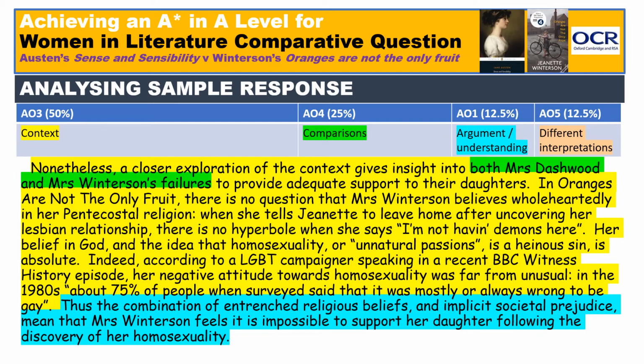It runs counter to her fixed, devout Christian beliefs, which are central to her mode of existence. I also reference the context of the time and point out that in the 1980s, a great deal of hostility towards gay people still existed, shedding further insight into why Mrs. Winterson behaves as she does.